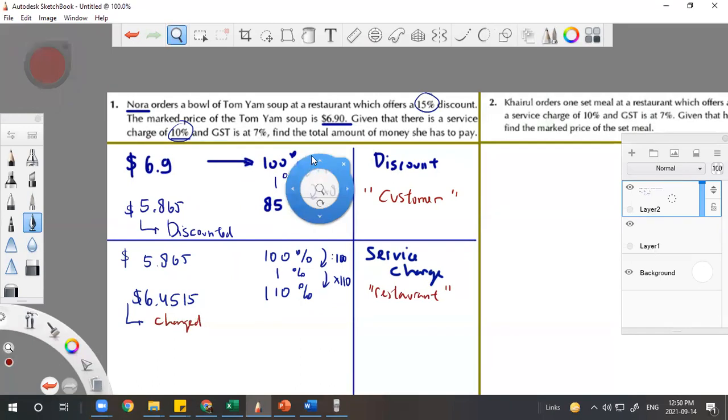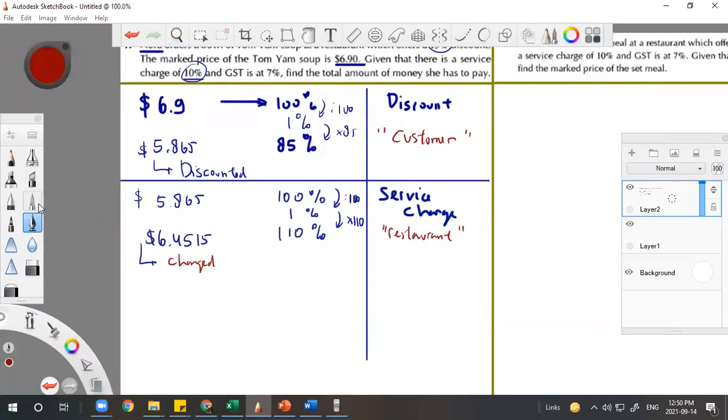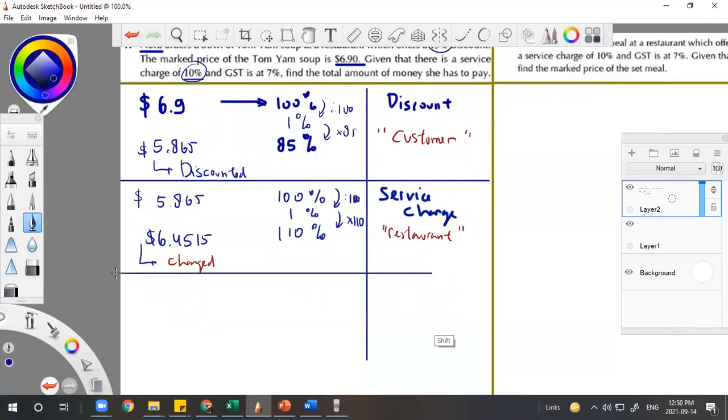Already. And next thing we need to do is try to find the GST. What is GST? GST, the value of the amount of money that needs to be paid to the government, untuk pemerintahnya. Ini goods and service tax for government, for Singaporean government. Okay, now taruh lagi angkanya.